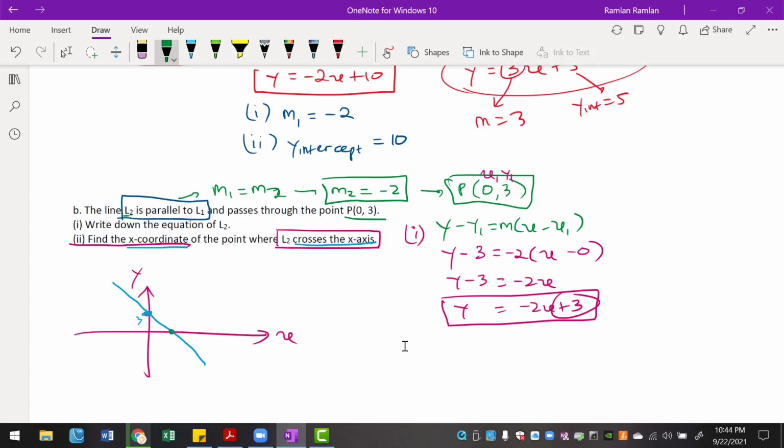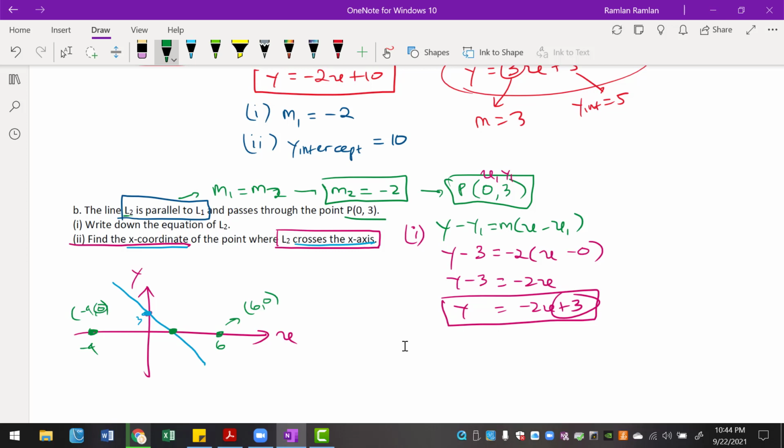It is in here. Any point on the x-axis has a y value equal to 0, right? So let's say I have a point here, say this is 6. The coordinates of this point will be 6, 0. Let's say I have another point here, say this is minus 4. So the point here will be minus 4, 0.